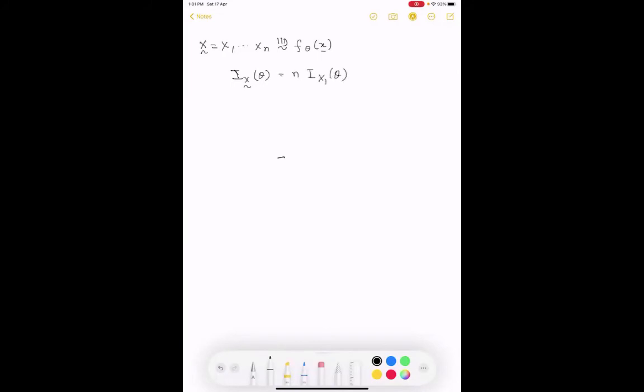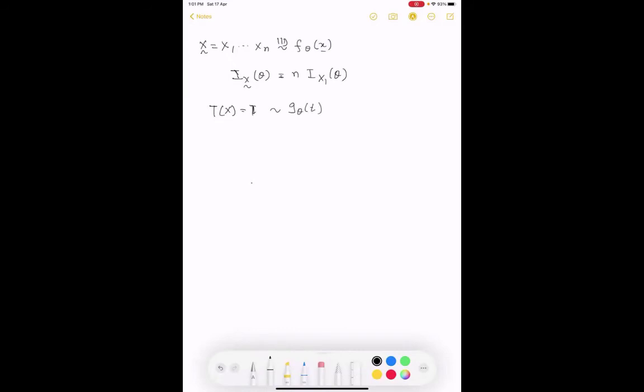And then we figure out, okay, I have a T of x equal to t, which has its own sampling distribution g theta t.